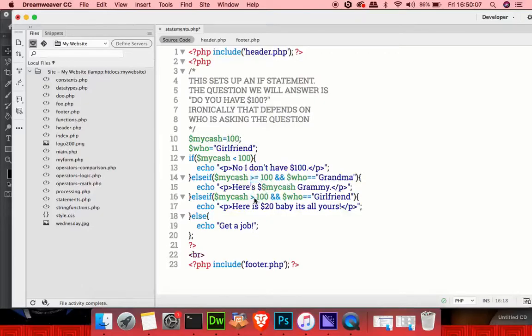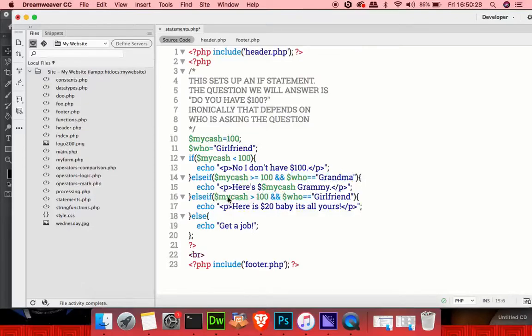But let's go ahead and change this operator to if my cash is greater than or equal to $100, and who's asking? Grandma. So it equals grandma. We're looking for grandma. We're going to echo, here's my cash, Grammy. Okay?